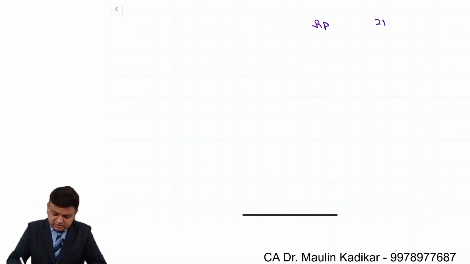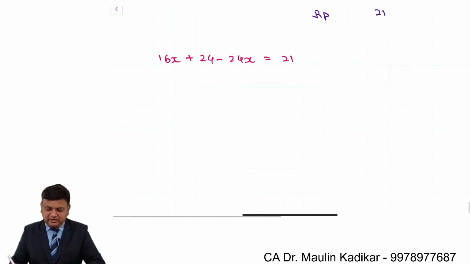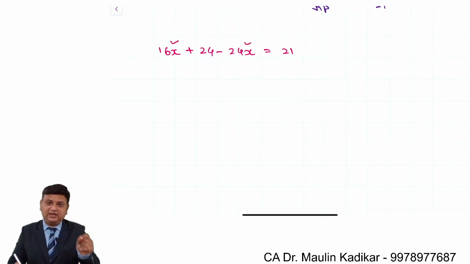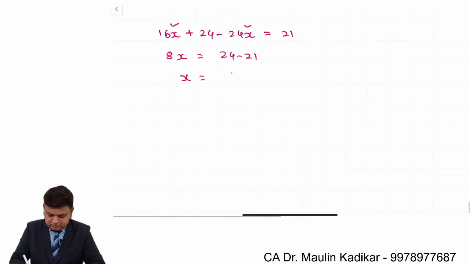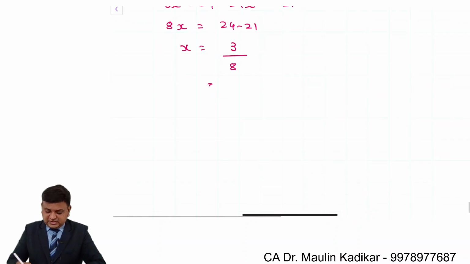So 16x plus 24 minus 24x is equal to 21. So 16 minus 24 comes to negative 8; transferring to the opposite side, it becomes positive 8, equal to 24 minus 21, so 3 upon 8, which is 0.375.